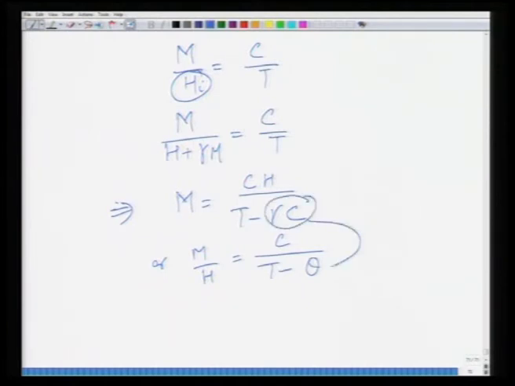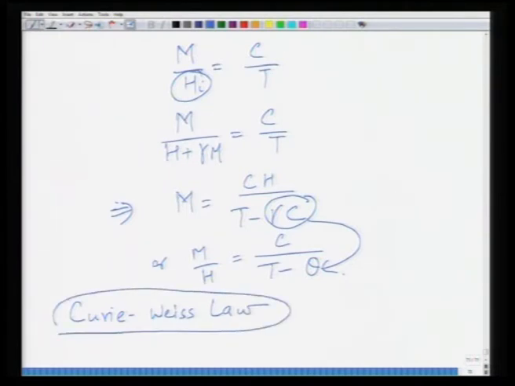So, this is theta, and this of course has a unit of temperature, because this is nothing but C divided by T minus some Tc or theta, and this is called the Curie temperature, and this whole thing is called the Curie-Weiss law. So, the Curie law, which was followed by paramagnetic material, has been modified into the Curie-Weiss law with the introduction of this molecular constant, which is the Weiss constant, into this susceptibility expression.